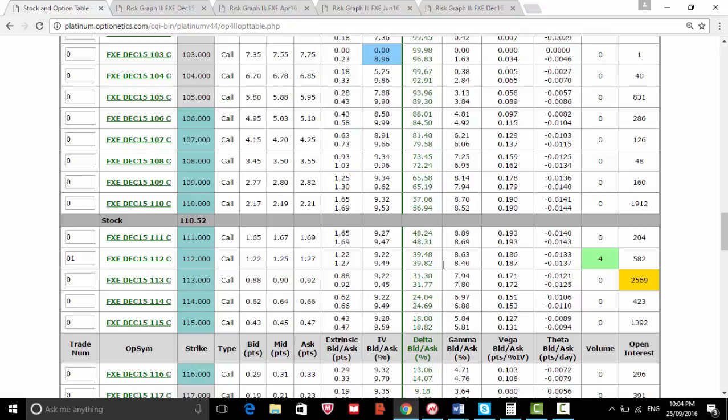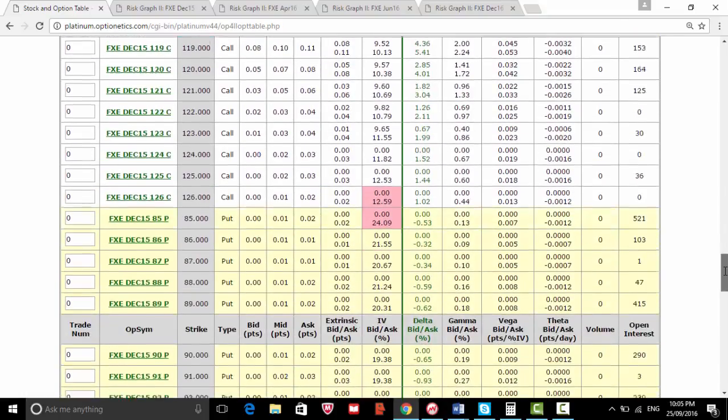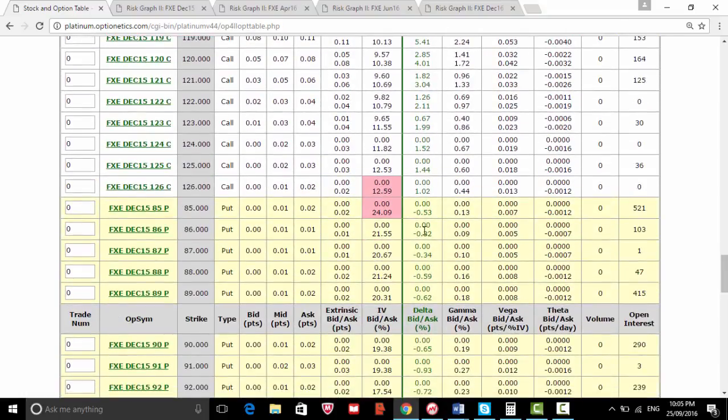So in this case we're going to buy one of these 112 calls, and then you also need to buy the equivalent put option with the same rules. My puts are a little bit further down and they have a negative delta. So I need to get a put option with a negative delta of between 35 and 40.